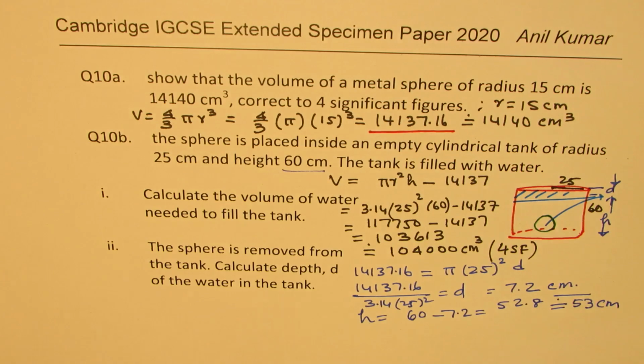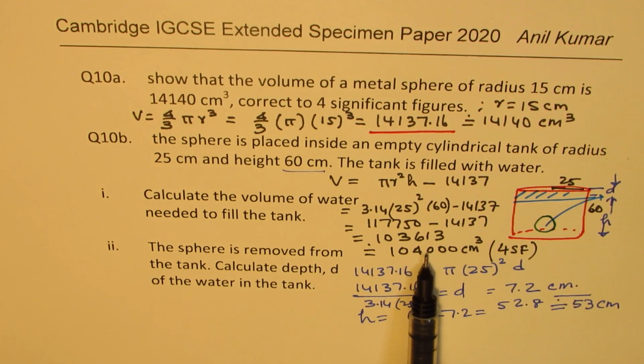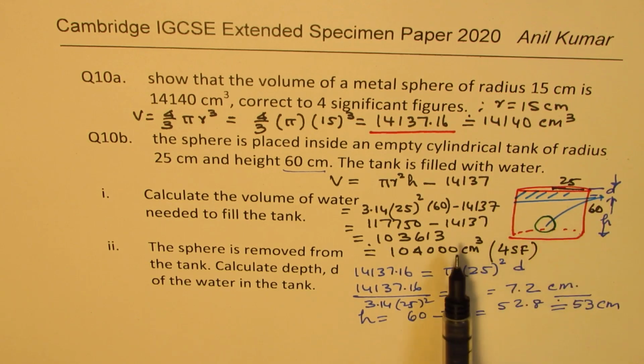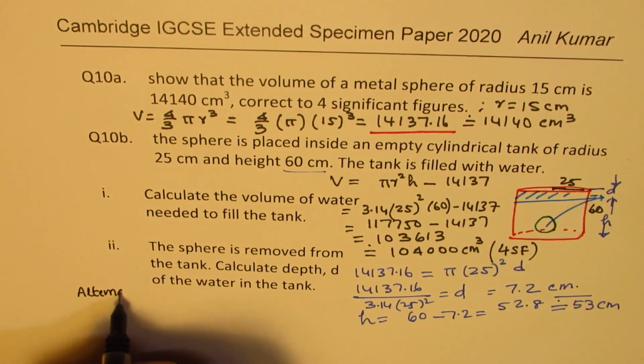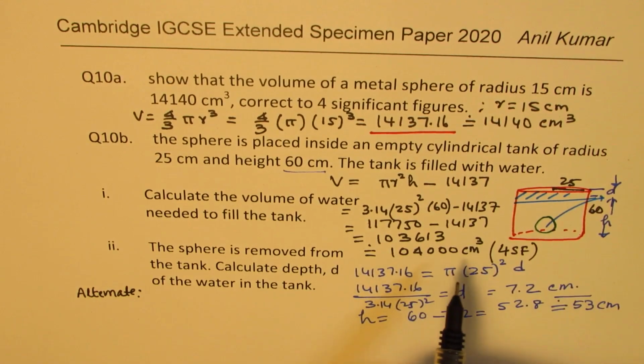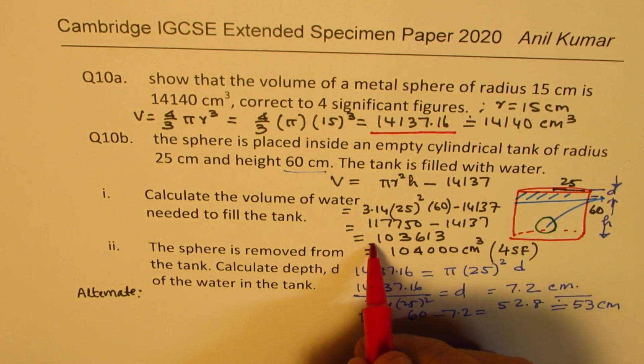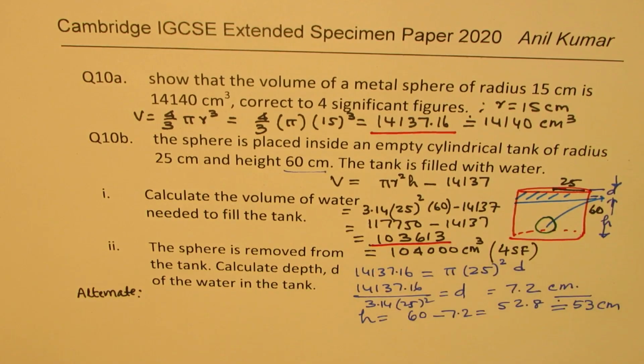You understand? So an alternate method could have been that we know the volume of water, which is this much. We can equate this volume to pi r square h and get the height directly also. We could do that. So that is the alternate method. Let's write it down. Alternate will be, we calculated the volume of water, which was 103613.